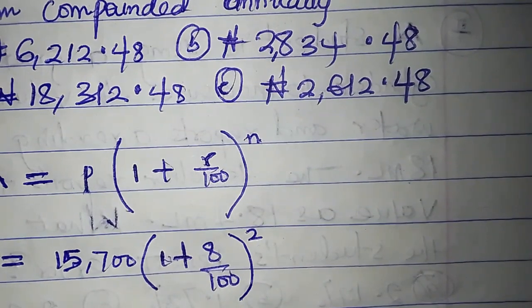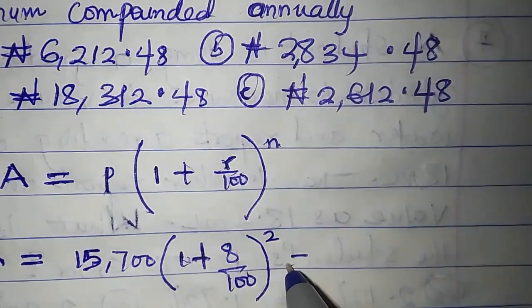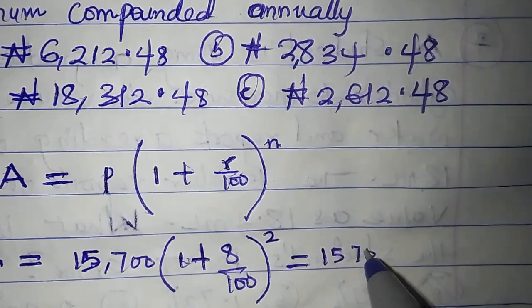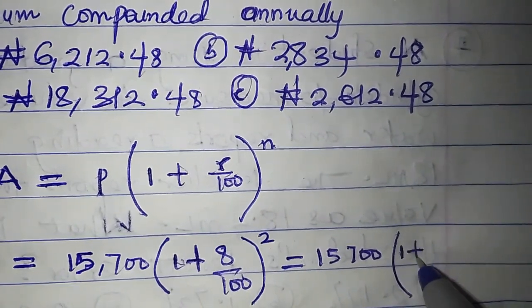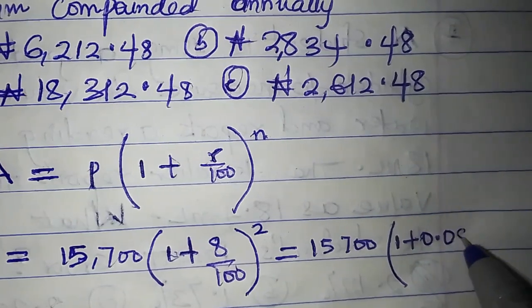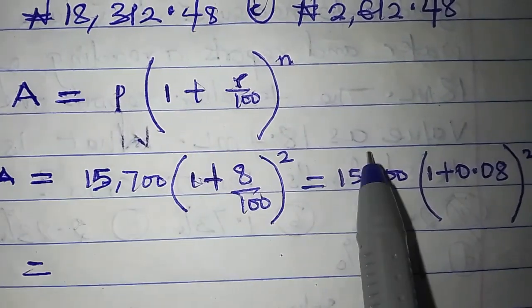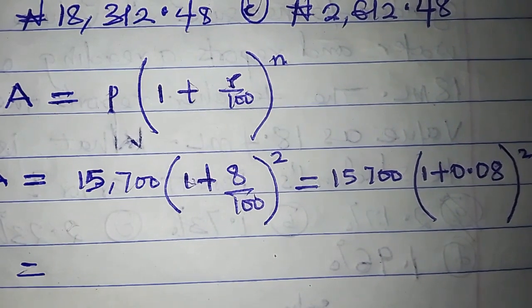So what's this equal to now? This is equal to 15,700 times 1 plus 8 over 100, which is 0.08, raised to power 2. 1 plus 0.08 is 1.08.